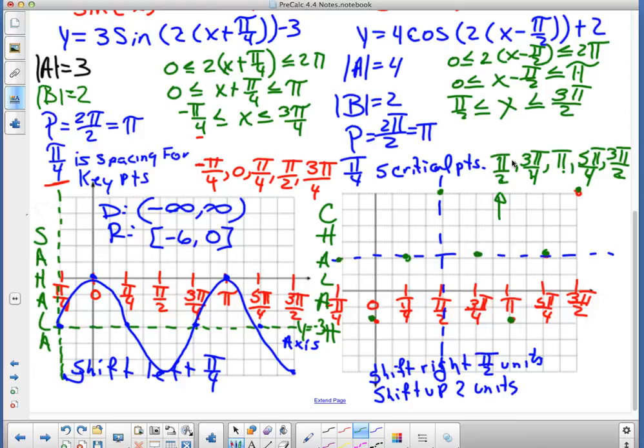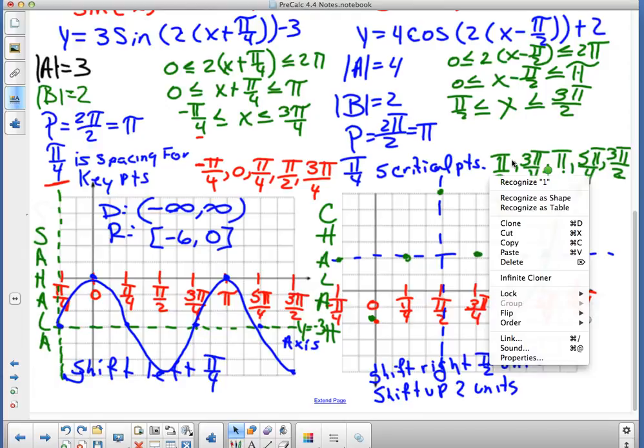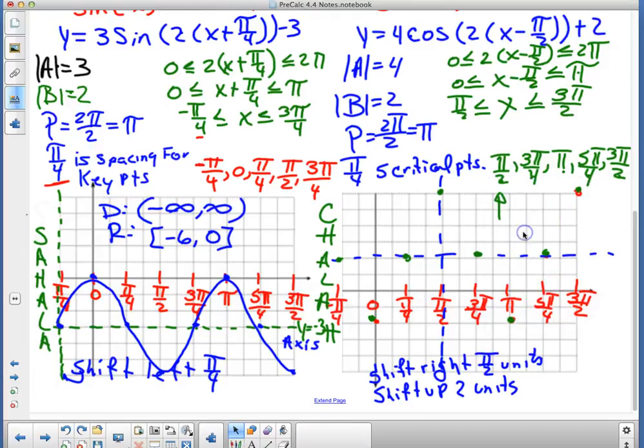So as I go through and I sketch in my graph, let's try it again as I sketch through the graph. And we finish out the cosine curve.